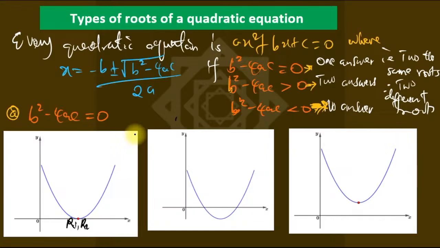So anything that touches the x-axis at only one point will have real and equal roots. Why is this one real? Real means it has roots, different roots, distinct.